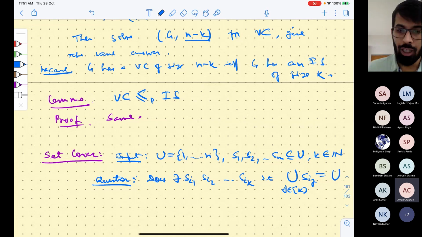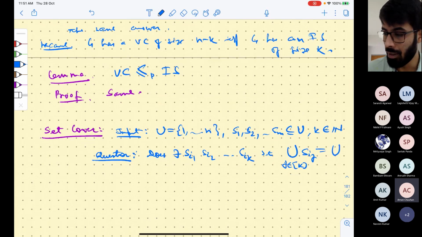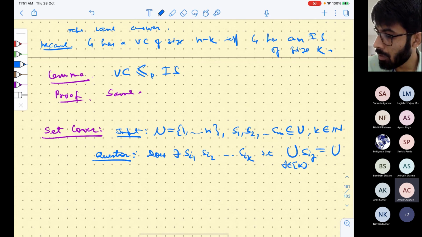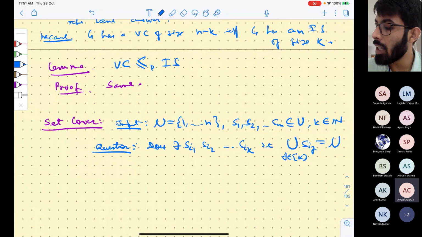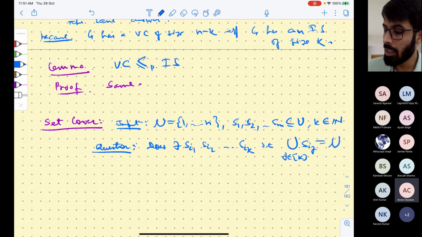So we are given a set family and we are asking whether k of them can be combined to get the universe U.